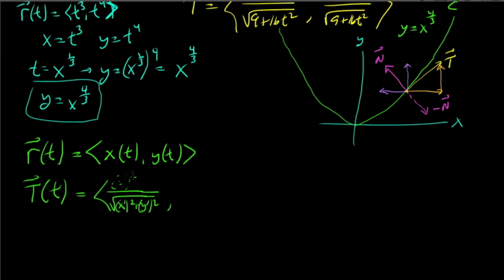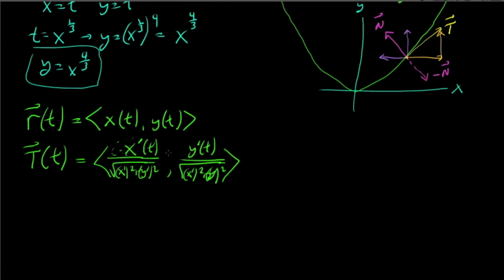All right, so it's going to be a bit of a mess here. So x prime of t, and then the second component will just be y prime of t divided by the square root of x prime squared plus y prime squared. In any event, that's not hard to calculate.